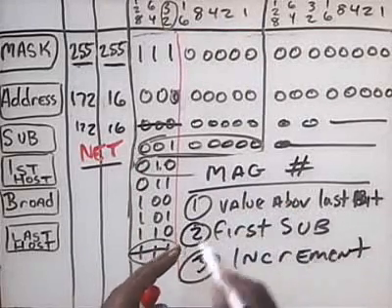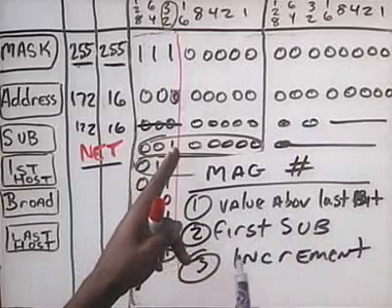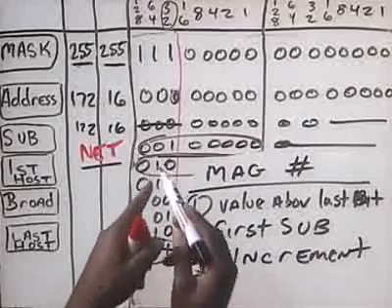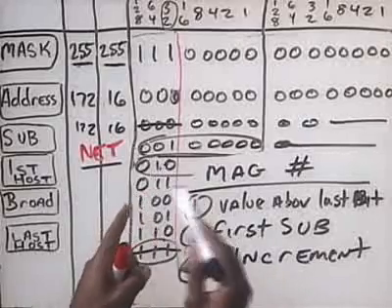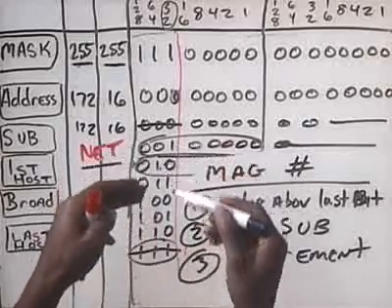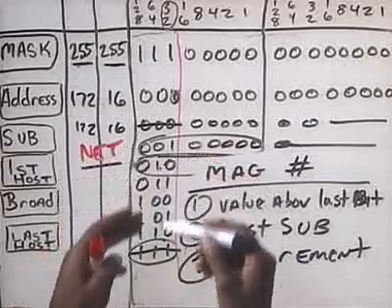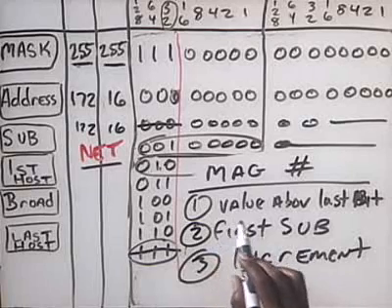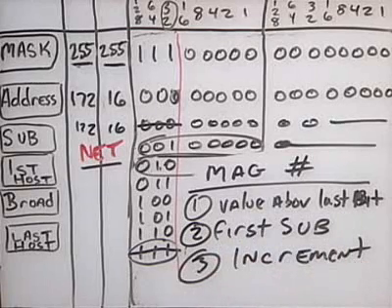So we'll take the first subnet, 32, plus 32, and we get the second subnet, which is 64. Add 32 to that, and we get 96. And that is the number by which all of the subnet addresses will increment. So the magic number is three things: the value above the last bit, the first subnet, and the increment.